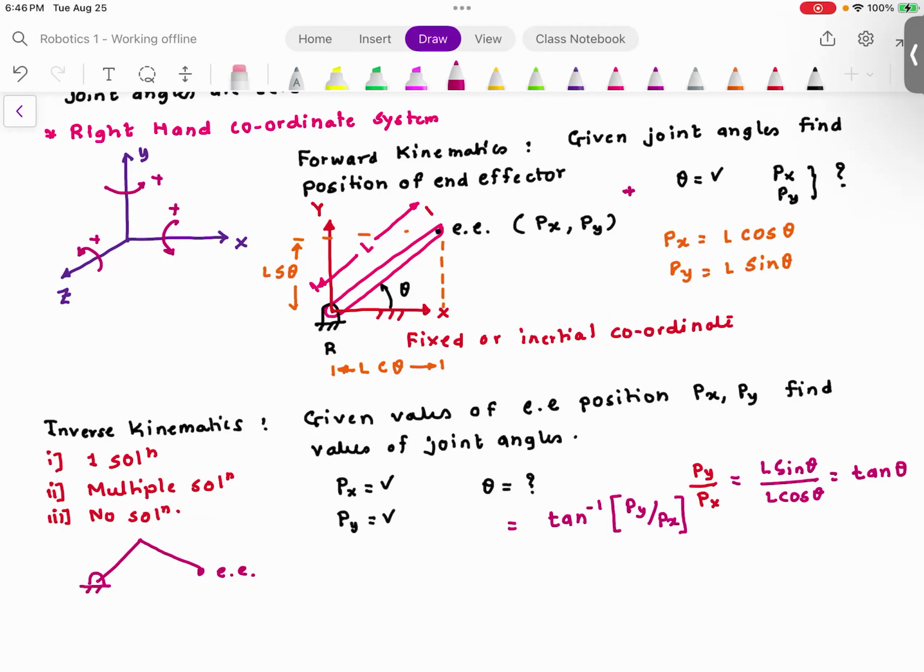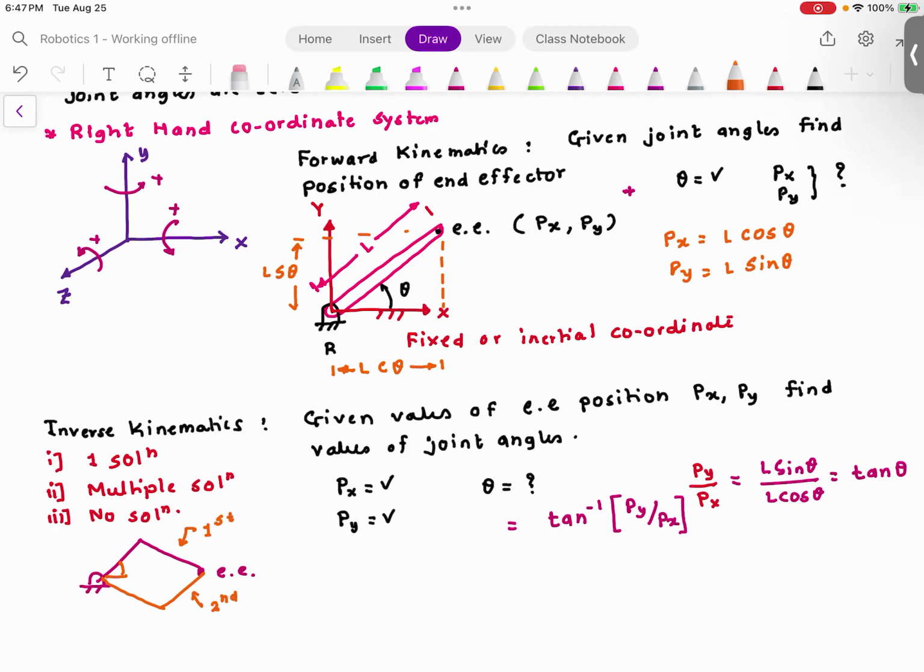So this two-link robot has two different configurations that will attain the same end effector position. So your angles are going to be different. This is one solution and this is the other solution.